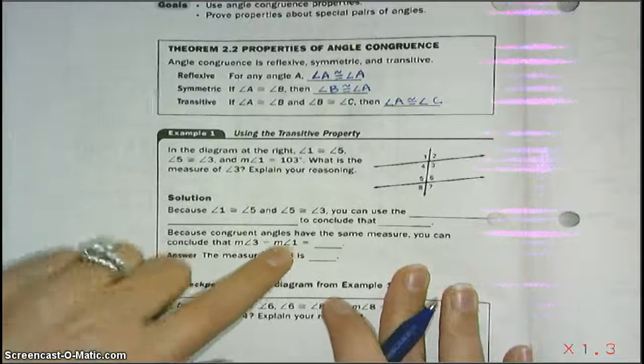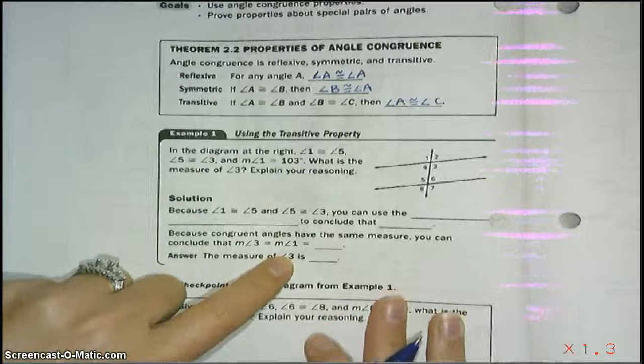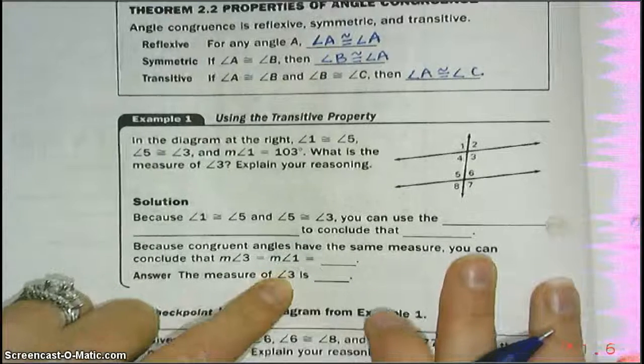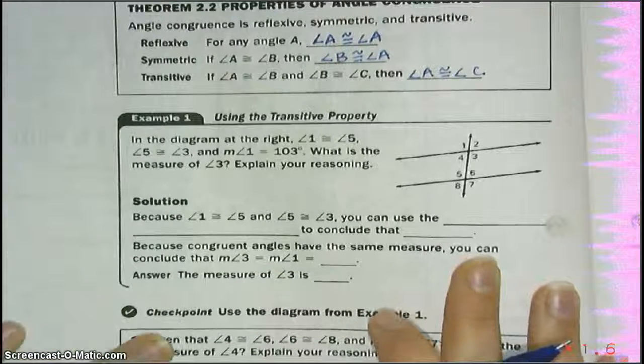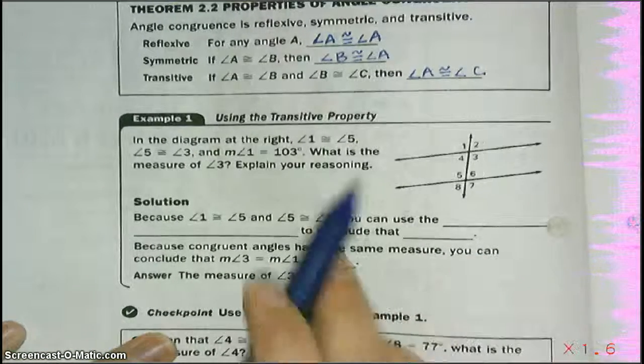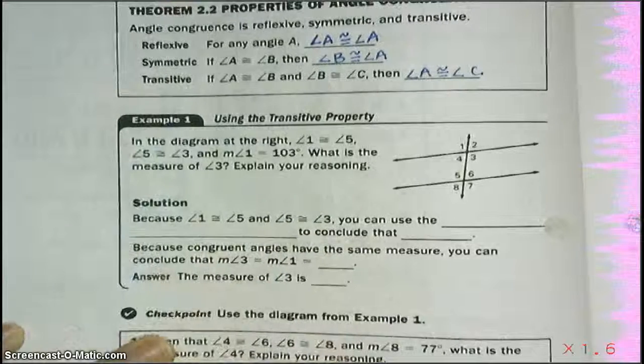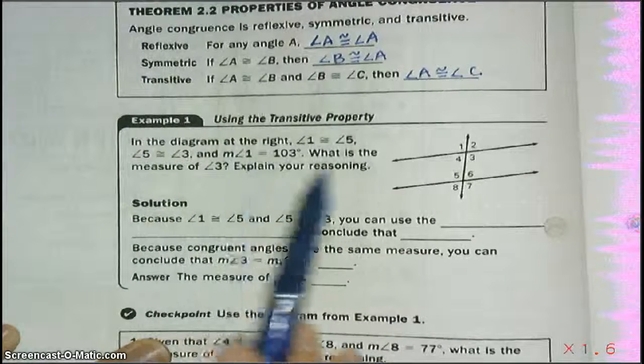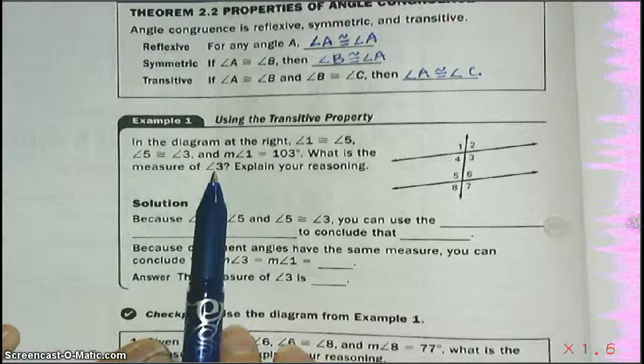Down here, this is actually an example of a paragraph proof. I'm going to zoom in real quick. It does involve some of these properties that we used up here. But like the proofs from yesterday, they have a given, and they tell us what they want us to show or explain.